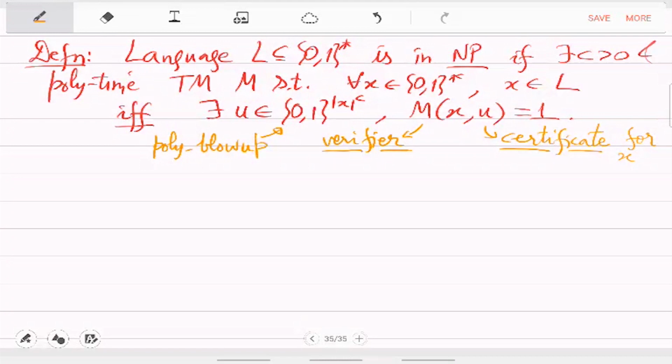So if you look at the length of U, it's not much bigger than the length of input X. These are the key points of the definition. So let's do an example.